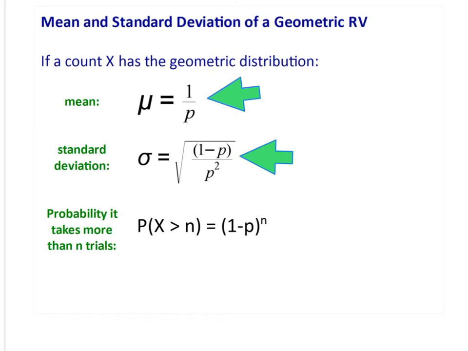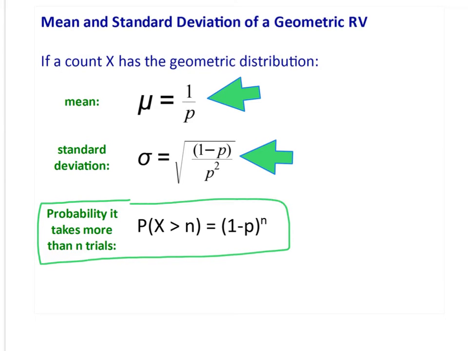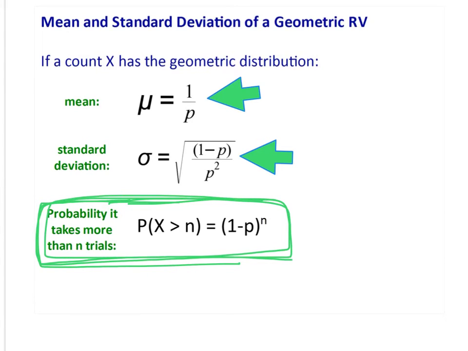And then this formula down here is kind of like the extra or bonus formula: the probability it takes more than n trials. Sometimes your problem is going to say, what's the probability it takes more than 10 trials, or more than 5 trials, or more than 50 trials to get my first success? It's not going to say your first success is the 50th. It's going to say more than 50 trials, and this is the formula we use for that.